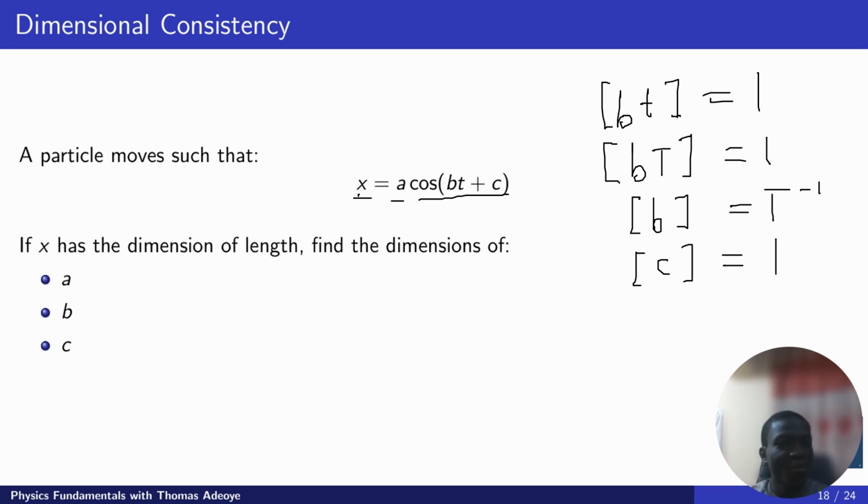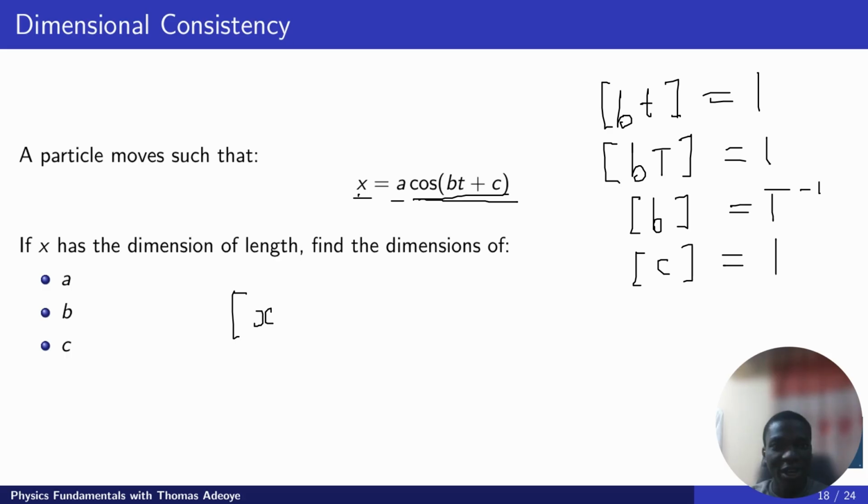Now it remains A. Yes, the dimension of A from here. But do not forget that this whole thing, cos and its argument, is dimensionless. Is that taken? So because of that, the dimension of X will be equal to the dimension of A. Let me try to show you what I'm saying.